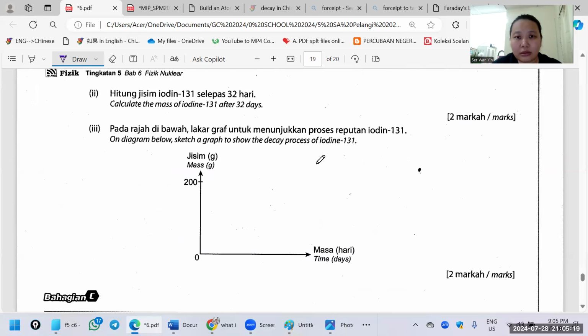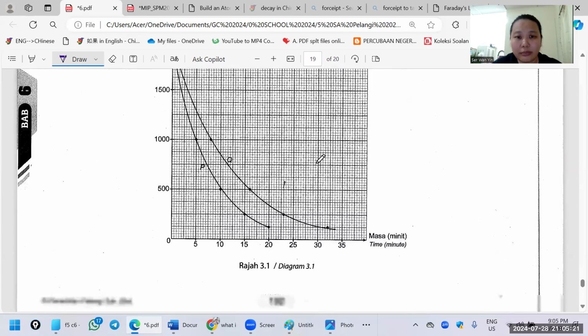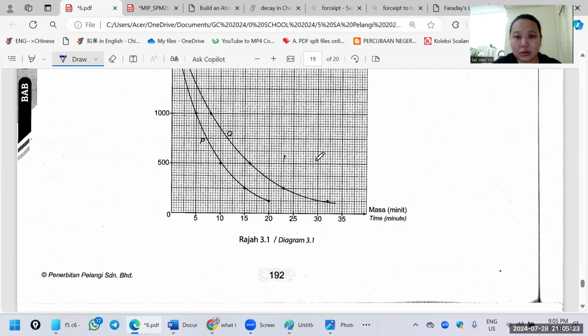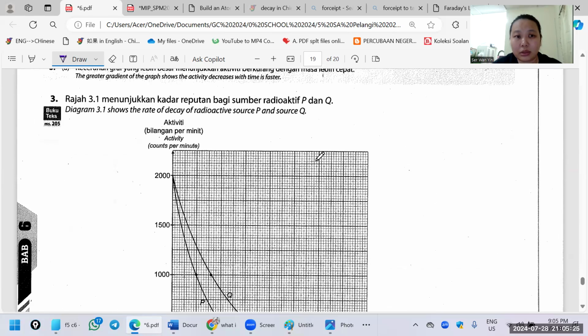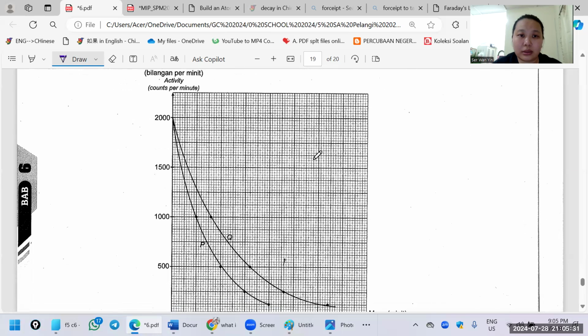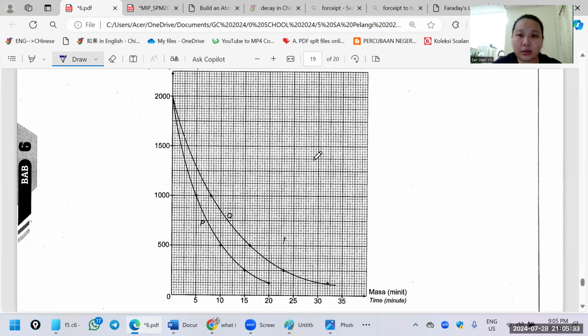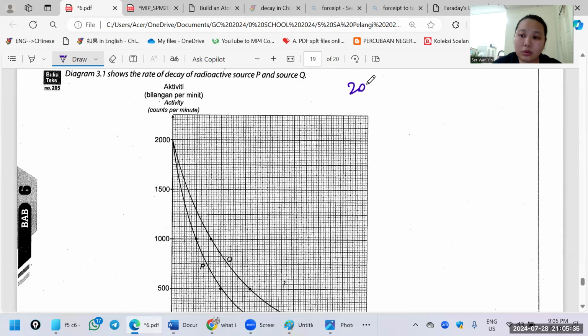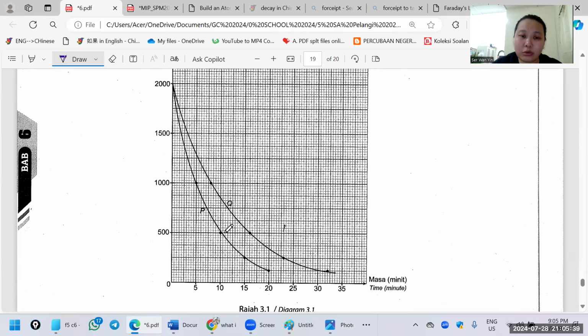Okay, so now come back to the half-life. Okay, and I tell you what, in 2023 SPM, they give two graphs like that, but they didn't give you the name.